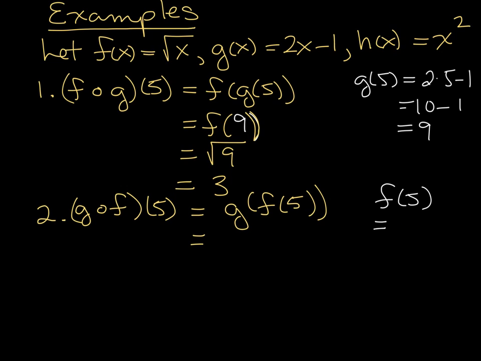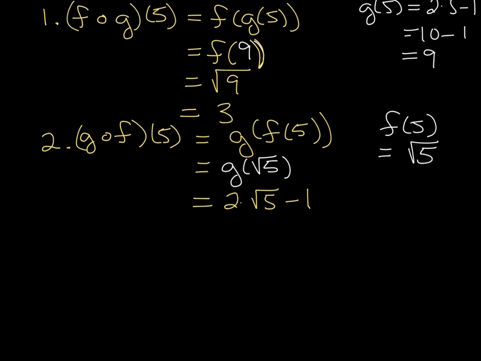So f of 5 is the square root of 5. And there's nothing we can do to simplify that expression. So we have g of the square root of 5. And so now we have 2 times the square root of 5 minus 1. And that is as simple as we can make that expression.